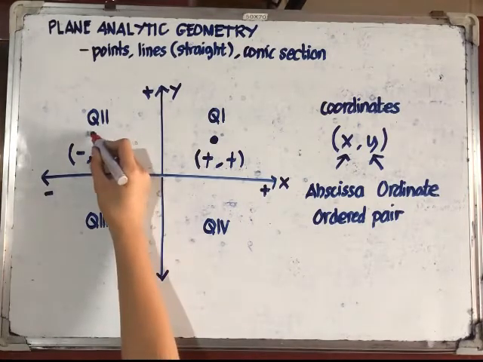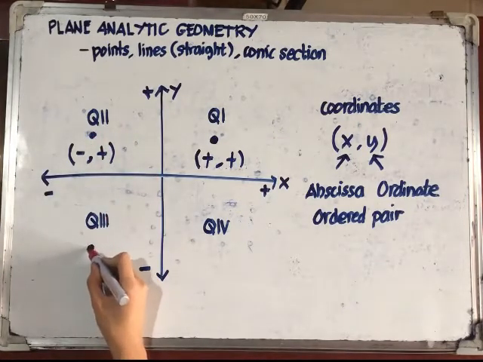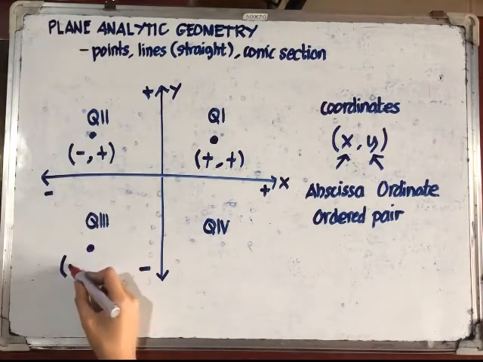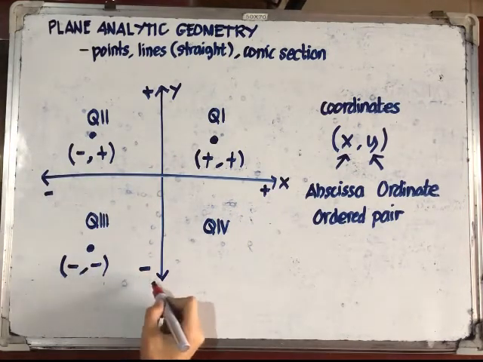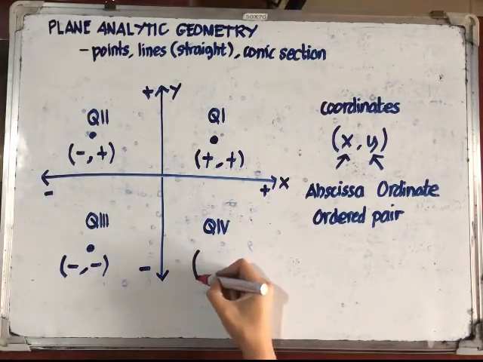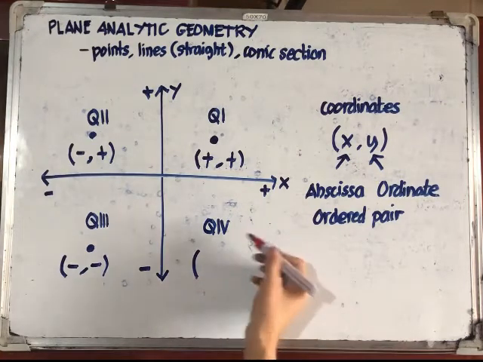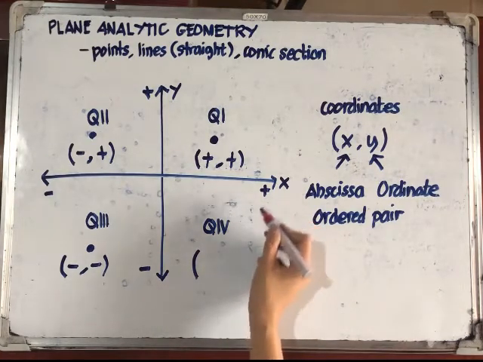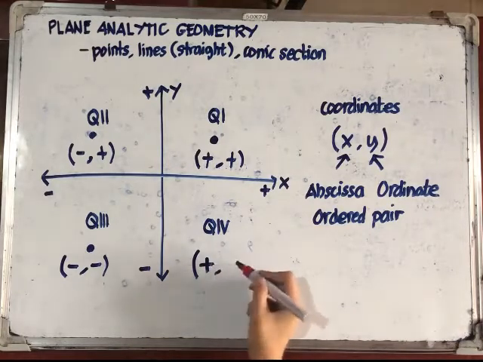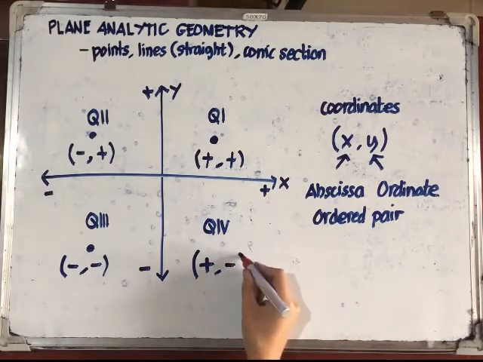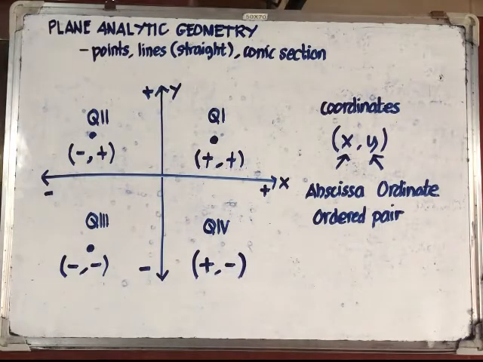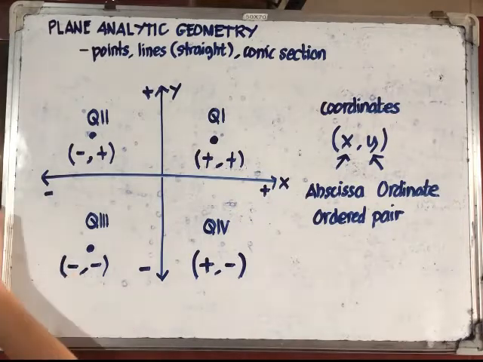In quadrant 3, say we have a point here, negative x-coordinate and a negative y-coordinate. And for quadrant 4, we have the abscissa positive, and a negative ordinate. That's the basic we need to know so that we could at least plot the points that we will be encountering for today's lesson.